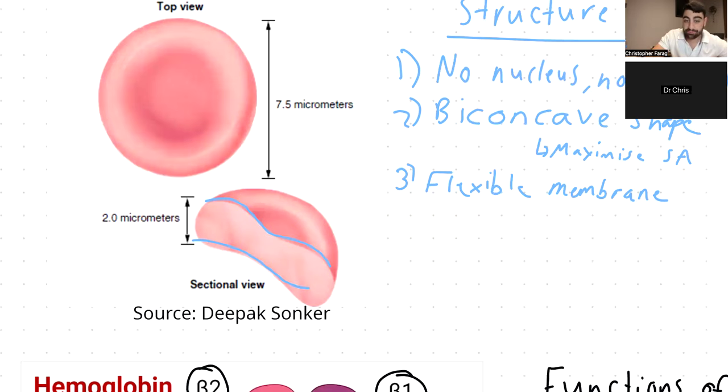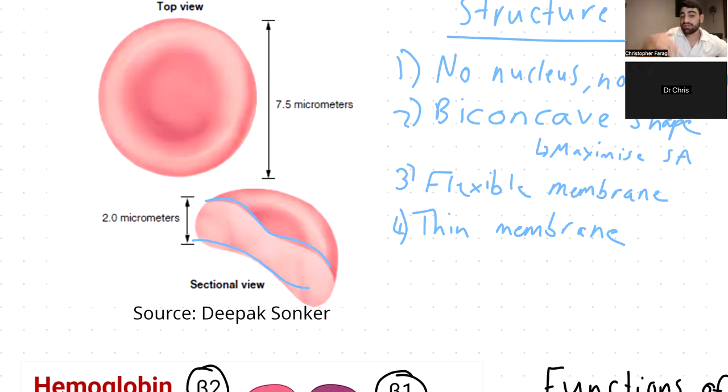Now, another thing to note as a structure is the membrane is very thin. Thin membrane. And again, this should hopefully make sense. If you're trying to get oxygen across a thin piece of paper, you're going to get more than if you tried to get oxygen through a brick wall.